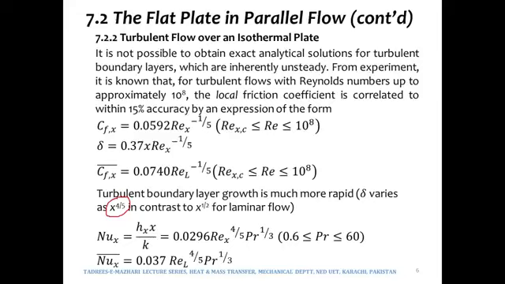Number one, either the flow is turbulent over the entire plate, or it is also a possibility that laminar flow takes place for a very small distance. So the laminar flow region of the plate is very small as compared to the turbulent flow region.